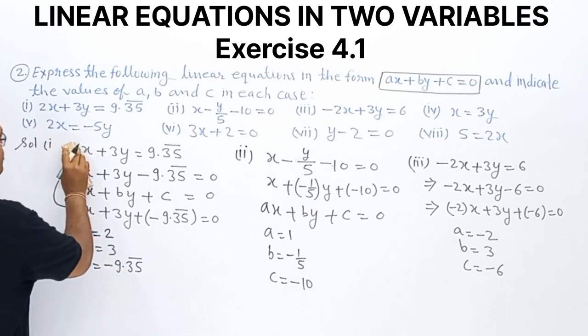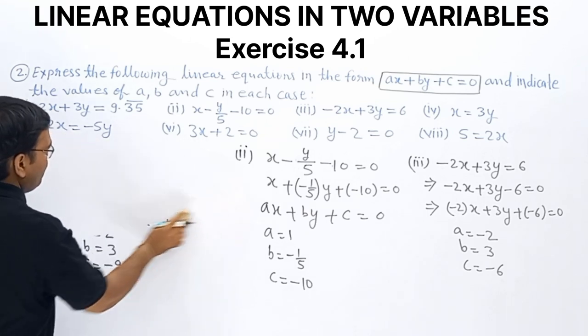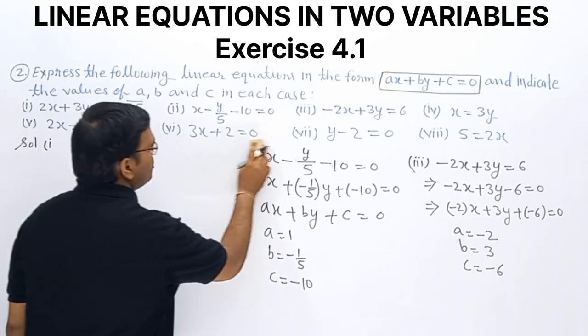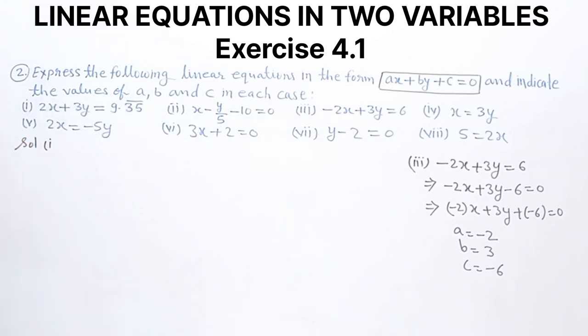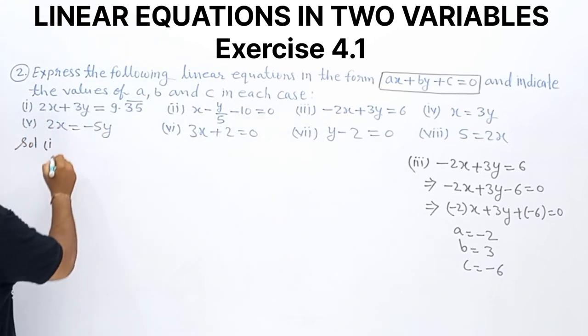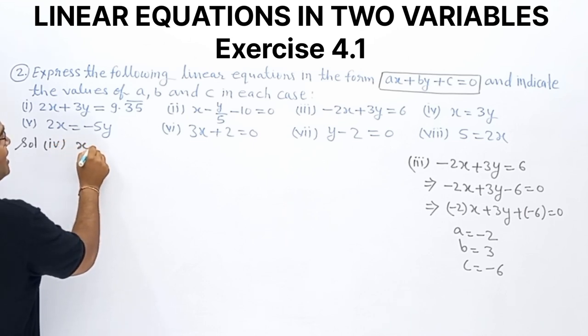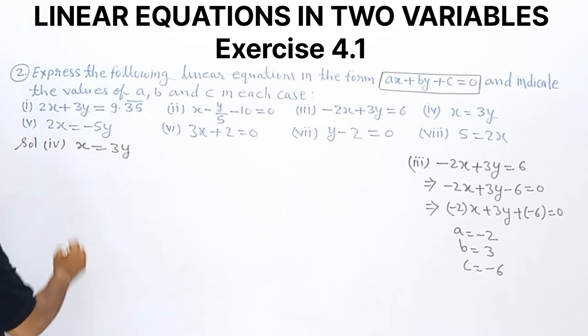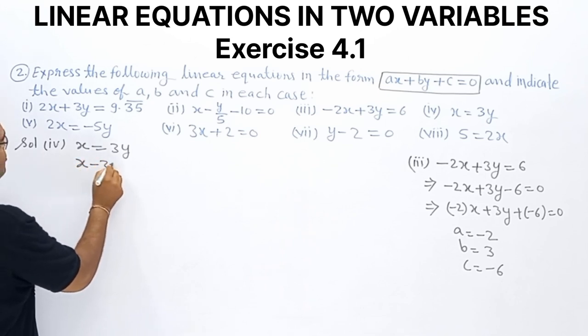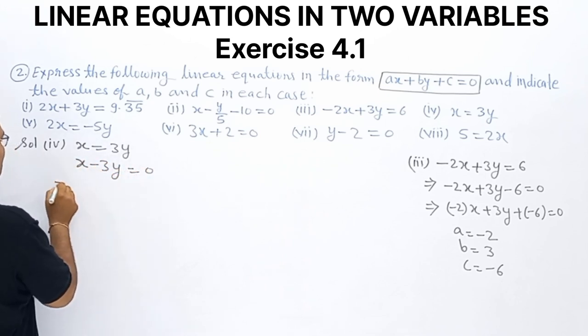Question number 4. What will be the solution of question number 4? Observe carefully how we will solve. We are having x equal to 3y. First we will write it in the general form. We can say x minus 3y equal to 0.